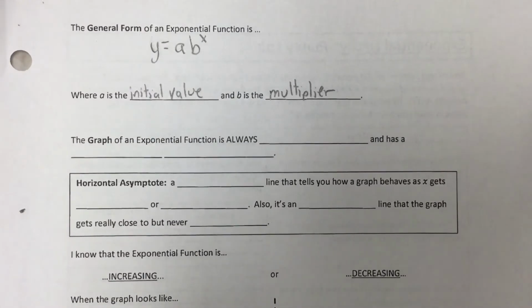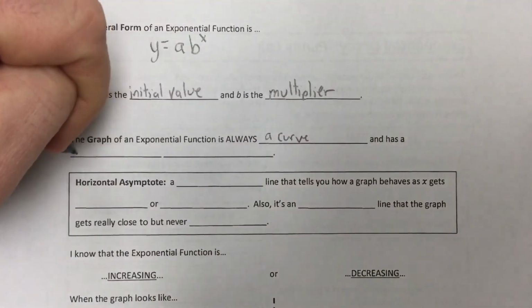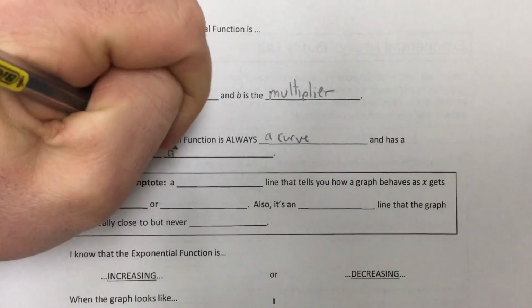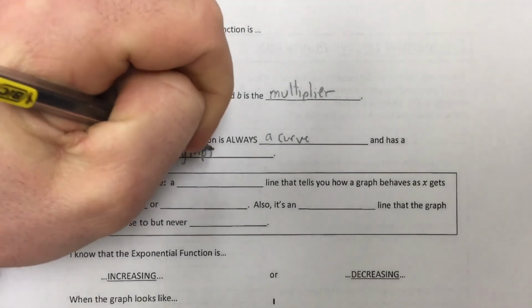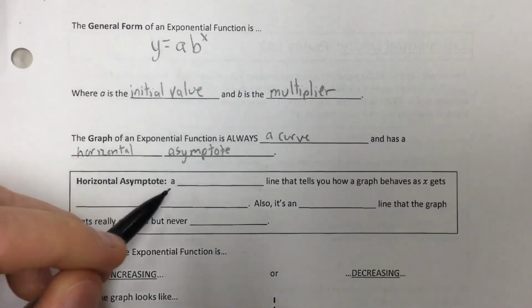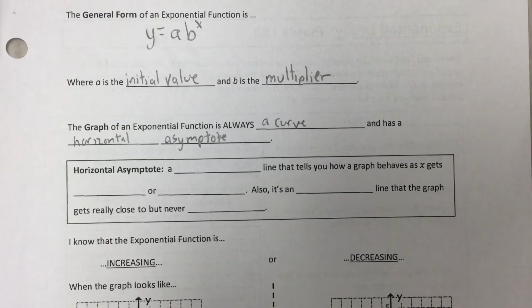So the graph for an exponential is always a curve, and it has a horizontal asymptote. Now, what's a horizontal asymptote? All right, here's our definition. So this first one's like the book definition. I don't really like it a whole lot. It doesn't move me at all.